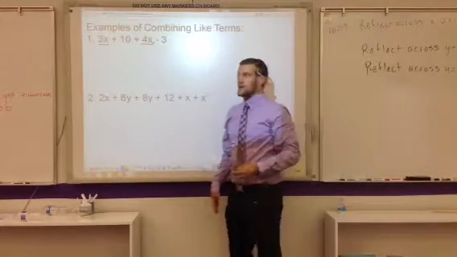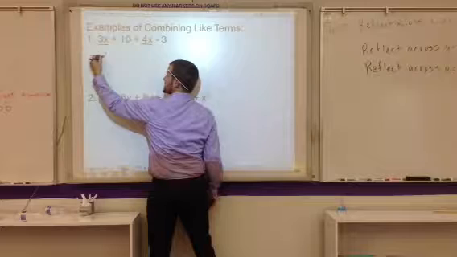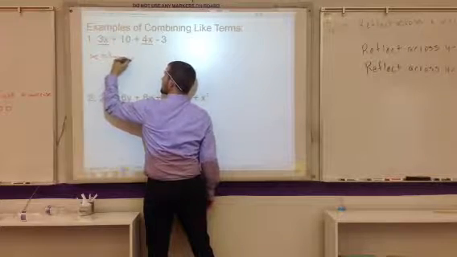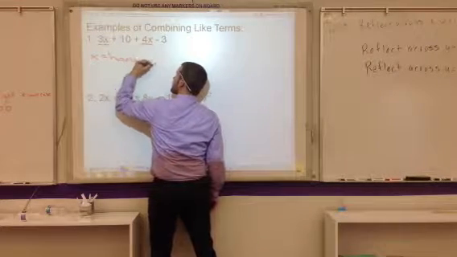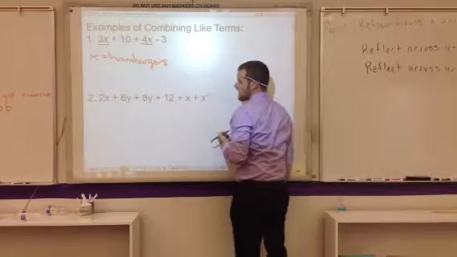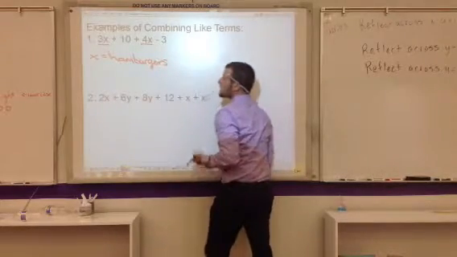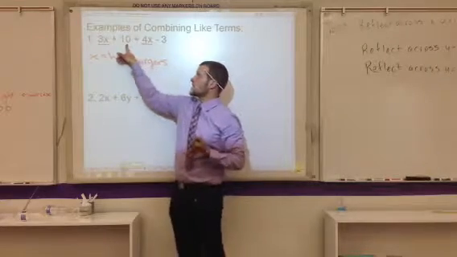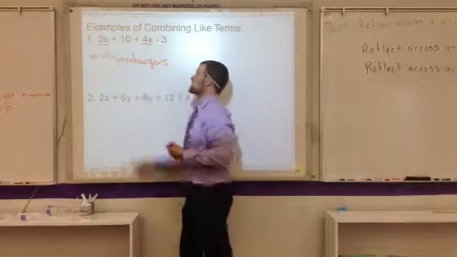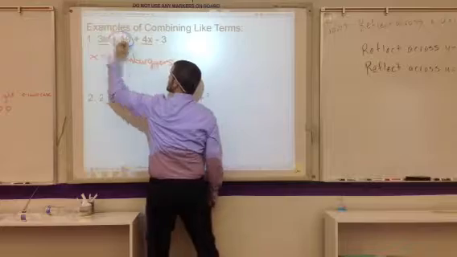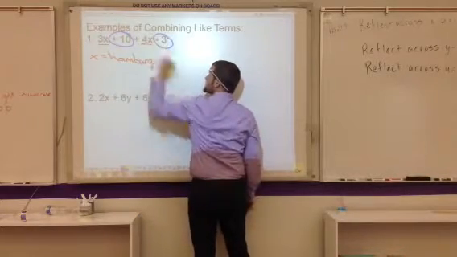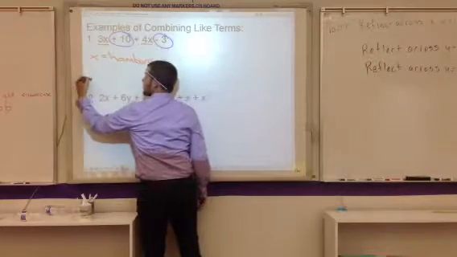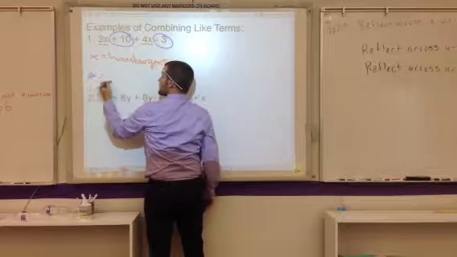In order to not get messed up, I will call x hamburgers. I also have these numbers. Neither of them have x's, which tells us they are different than the x's. So, numbers there, numbers here. I'm going to call numbers fries.